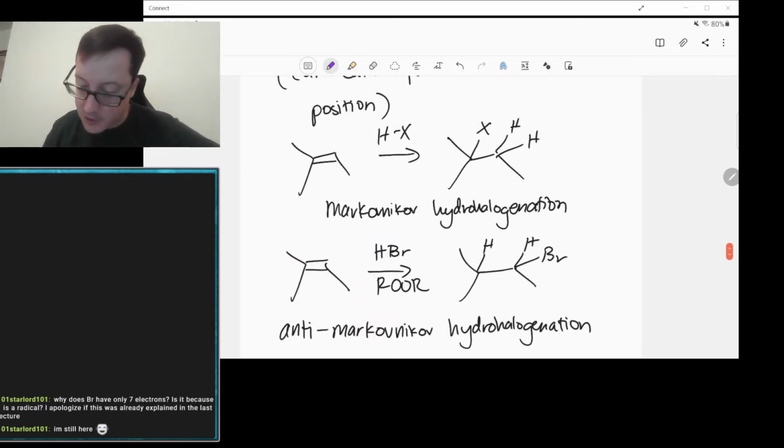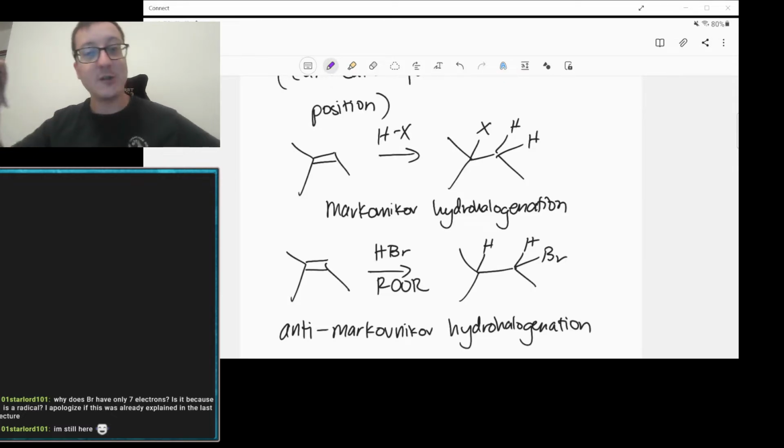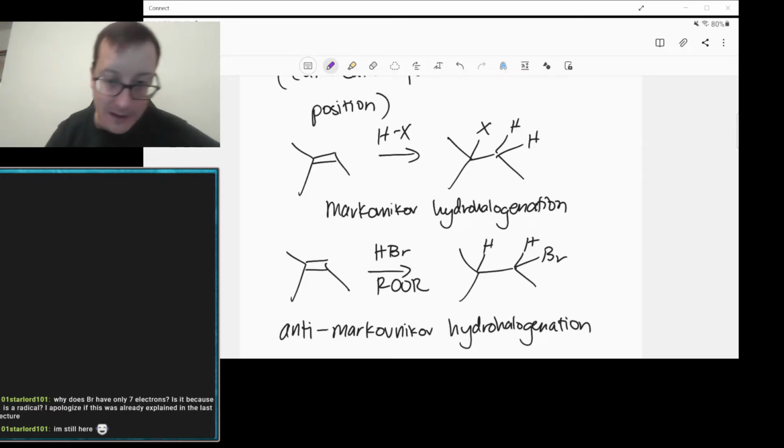So the hydrogen went to the hydrogen side, the bromine went to the other side in our Markovnikov example. However, in the presence of the peroxides, HBr will add the opposite way. It will add the bromine to the less substituted side and the hydrogen to the poor side.